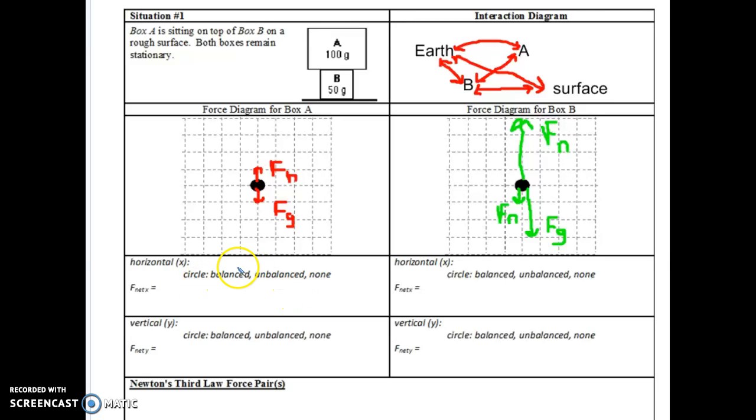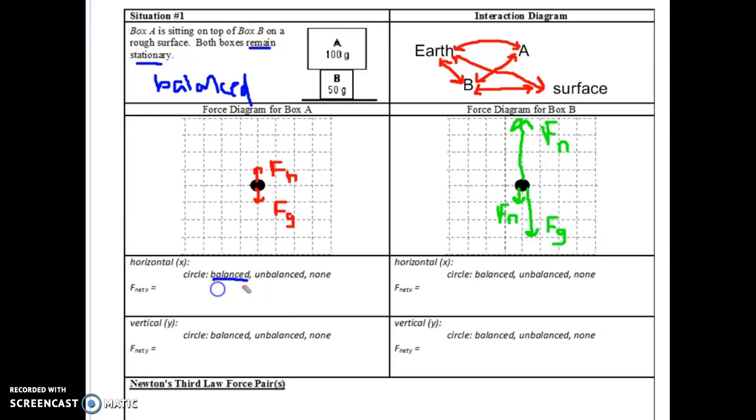All right, next up I'm ready to start thinking about if my forces acting on each object are balanced, unbalanced, or none. Because these objects are both at rest, they're remaining stationary, that tells me that my forces are balanced. Sorry about my sloppy writing with this. All right, so I'm going to underline balanced.